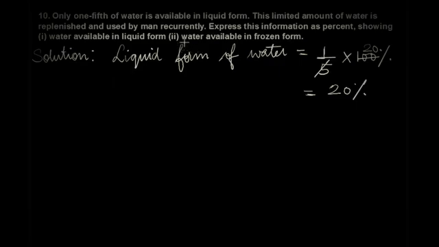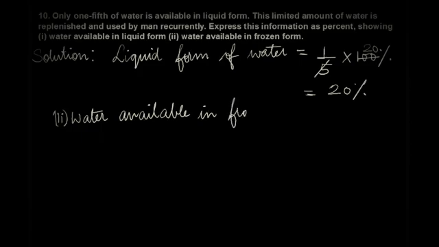Then the water available in the frozen form, then out of 100%, if 20% is liquid form, then the remaining amount must be in frozen form. So water available in frozen form must be equal to 100% minus 20%, that gives us 80%.